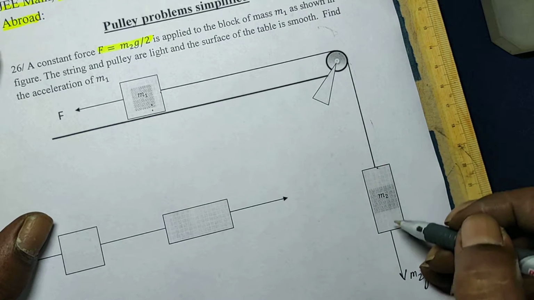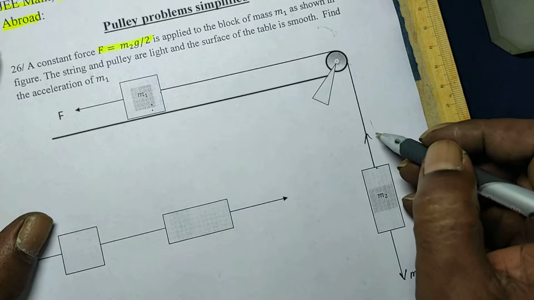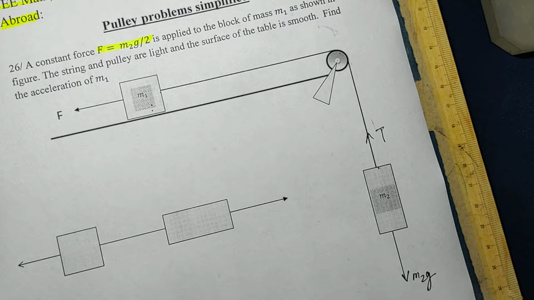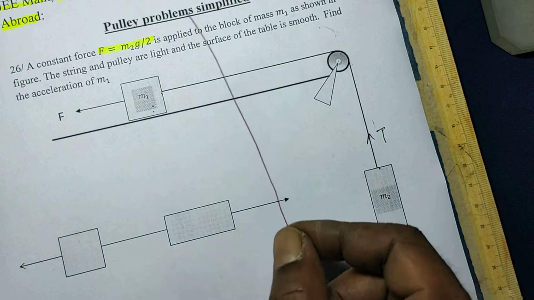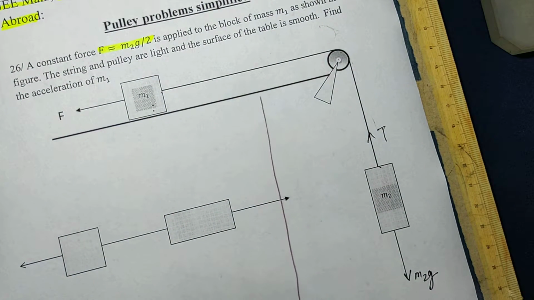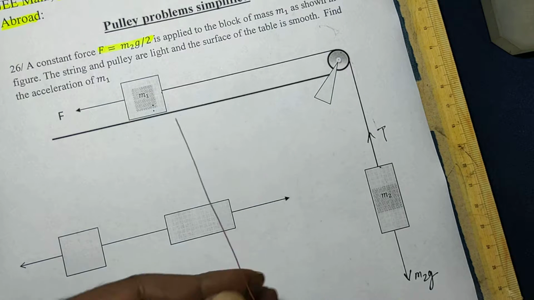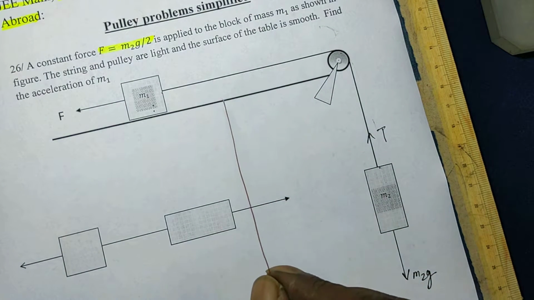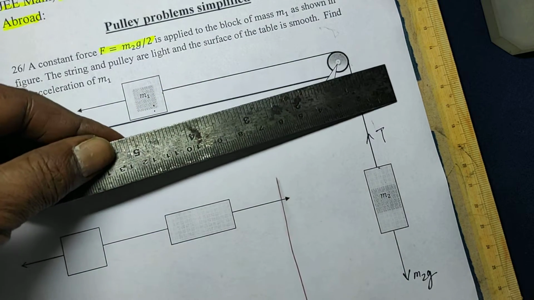So if this is falling down, the tension on this mass m2 will be to this side, away from it. And why the tension is away from the mass, I have already explained in previous videos. Let me explain once more here. Now I take a string like this. Look, this is a string. Can you push an object with this string? No. Suppose this is the object.